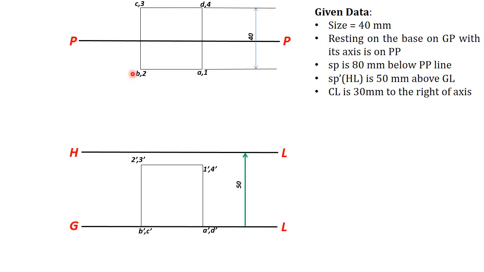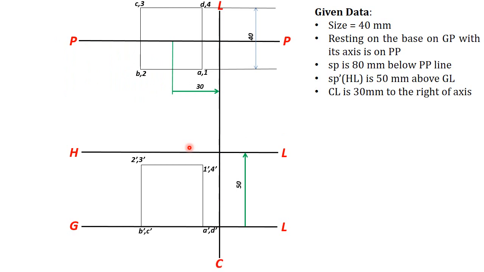Now in this problem we have 4 points right below the PP line. To find these points, let's find the station points first.